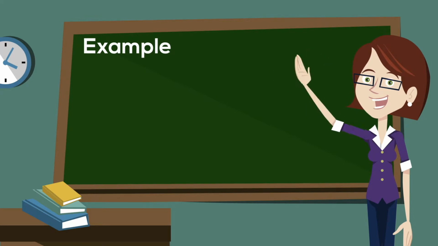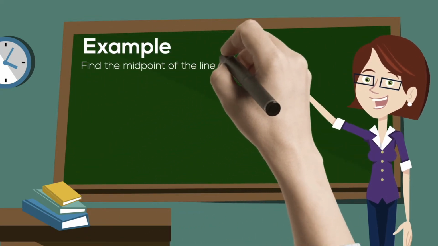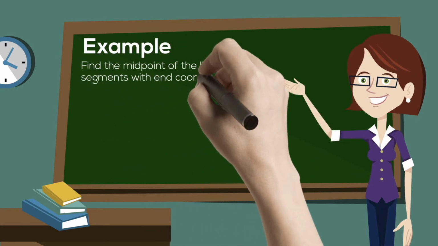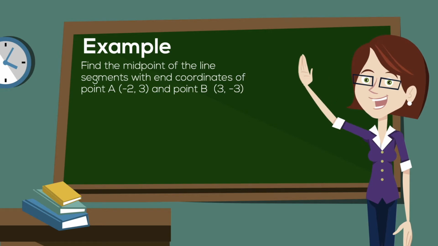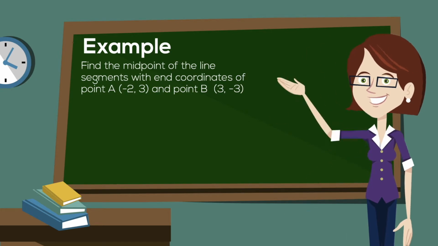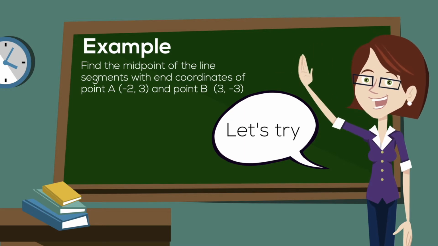So let me give you an example. Find the midpoint of the line segment with coordinates of point A (-2, 3) and point B (3, -3). I will give you 10 seconds to do this. Feel free to pause the video if you want more time.